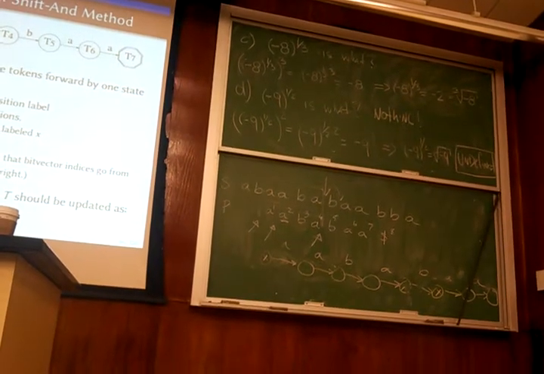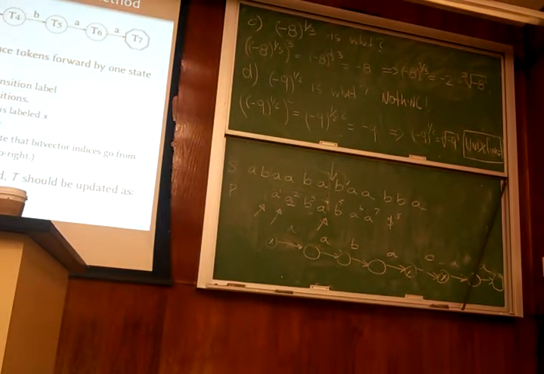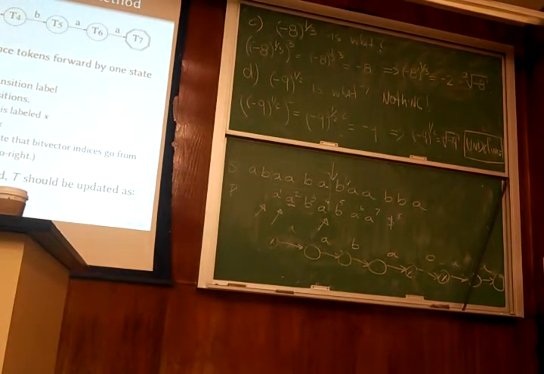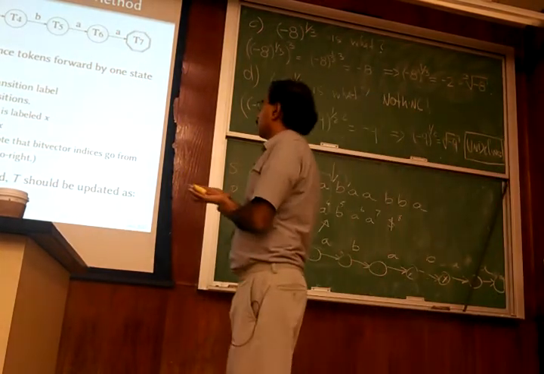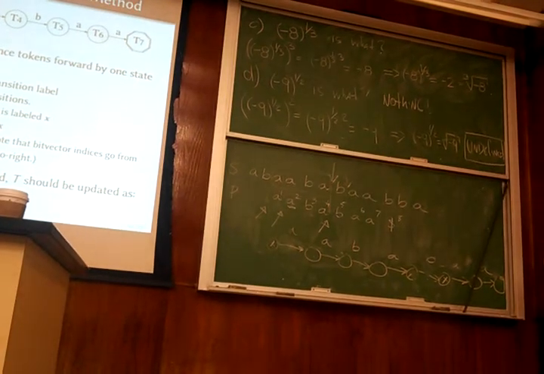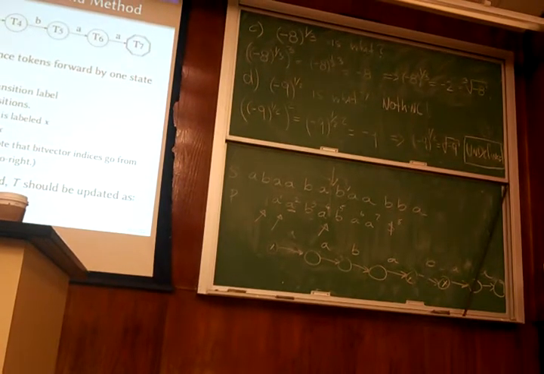Now the next thing we need to do is to say how to advance these tokens in a constant time operation. All of these tokens are to be advanced in one operation, or else the whole thing doesn't make any sense. So how do we do that? We use another bit vector that tells us from which states you have a forward transition on each character.